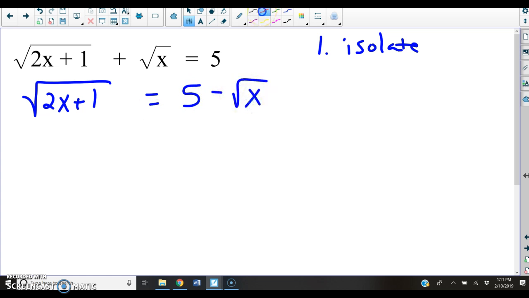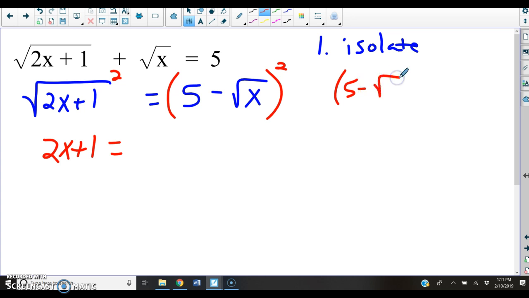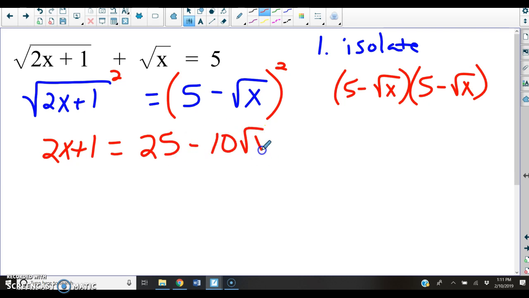Okay? And now when we square both sides, the left-hand side is not bad, but the right-hand side, remember, we have to multiply it by itself. You have to FOIL or use your box. So we're going to get 25 minus 10 square roots of x plus x.